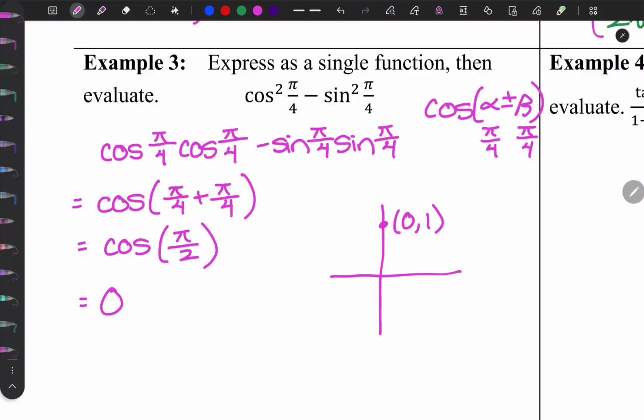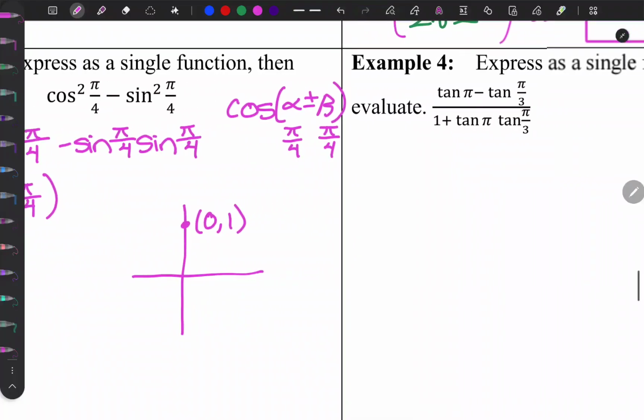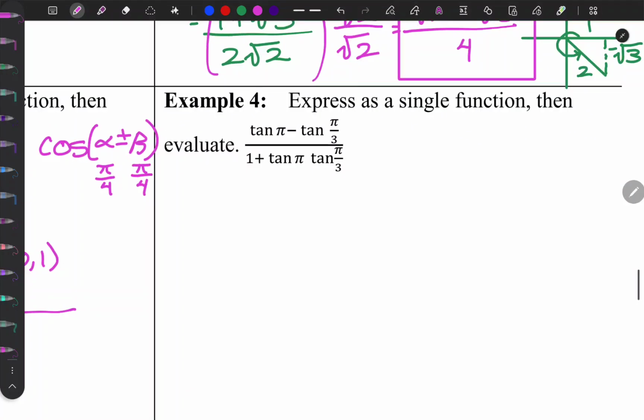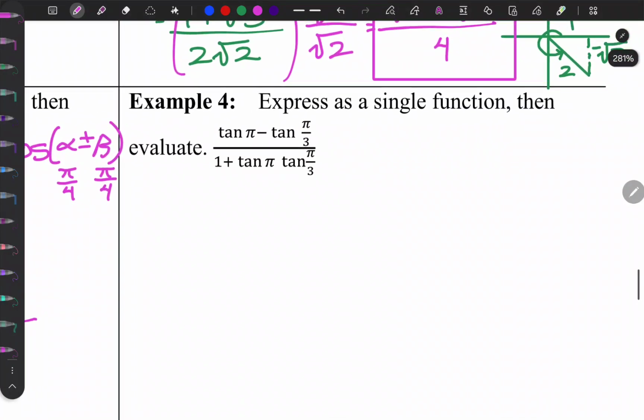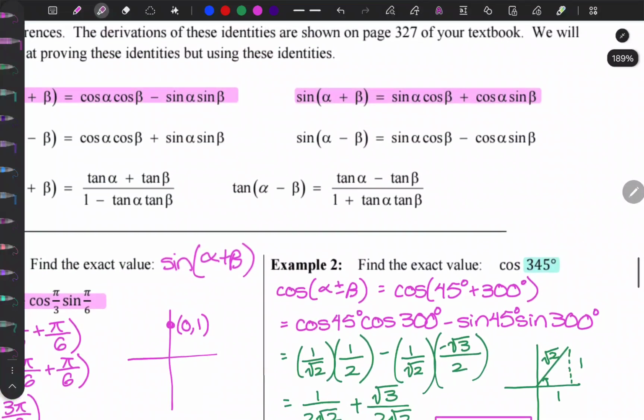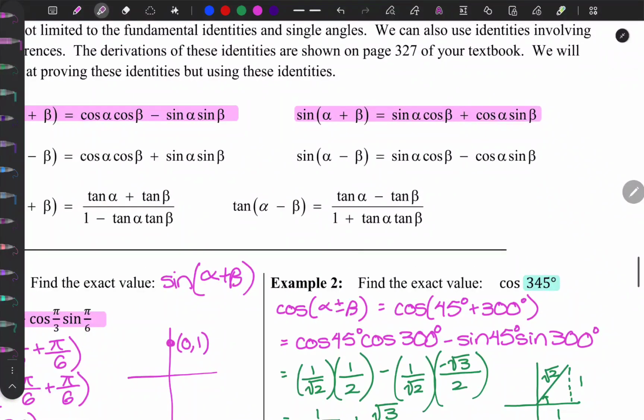Let's also take a look at one example that uses tangent, just because the identities look a little different with that. And it does look a little intimidating, but the key here is to notice the pattern and notice that you can match it to one of the identities. So for example, we have 2 different angles, pi and pi over 3, but notice how we have the pattern of tan pi minus tan pi over 3 over 1 plus tan pi times tan pi over 3, and come back to your identities and match it.